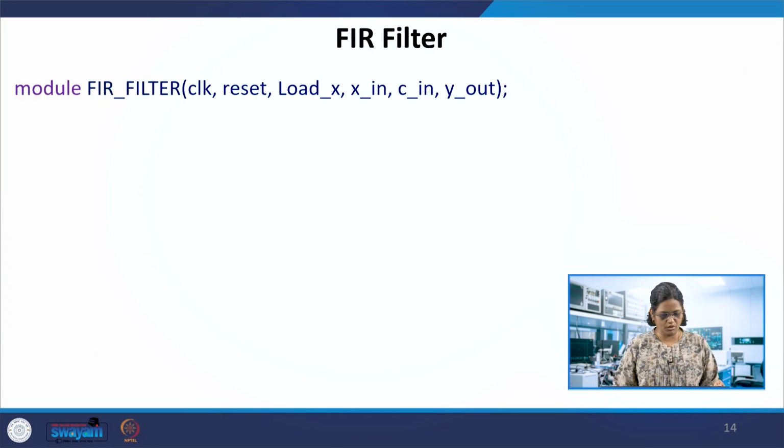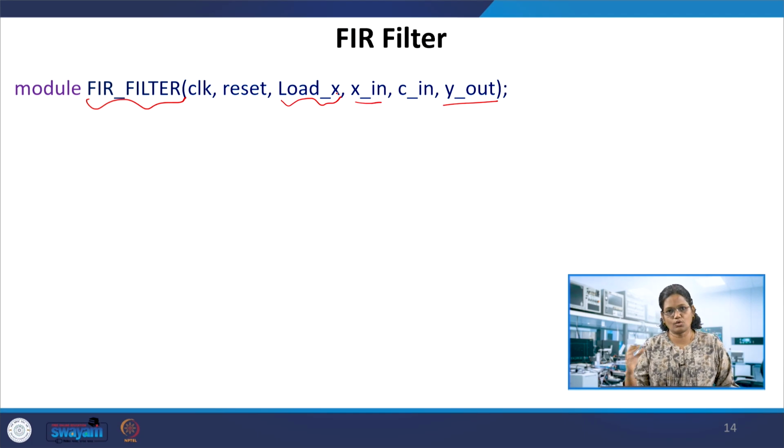So how is this filter going to be designed for the transpose structure module? The module has clock, reset, load x, x in, c in and y out. Load x is the operation where coefficients are loaded, and c in is the first coefficient, how we will be loading it.